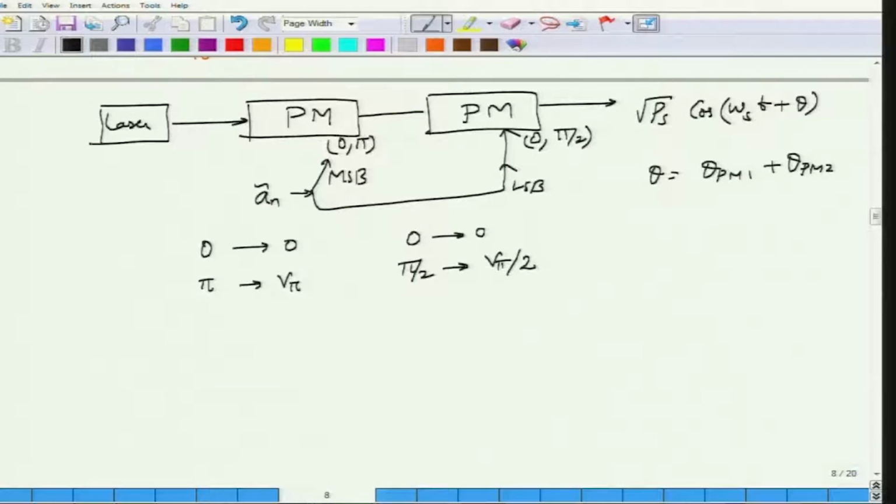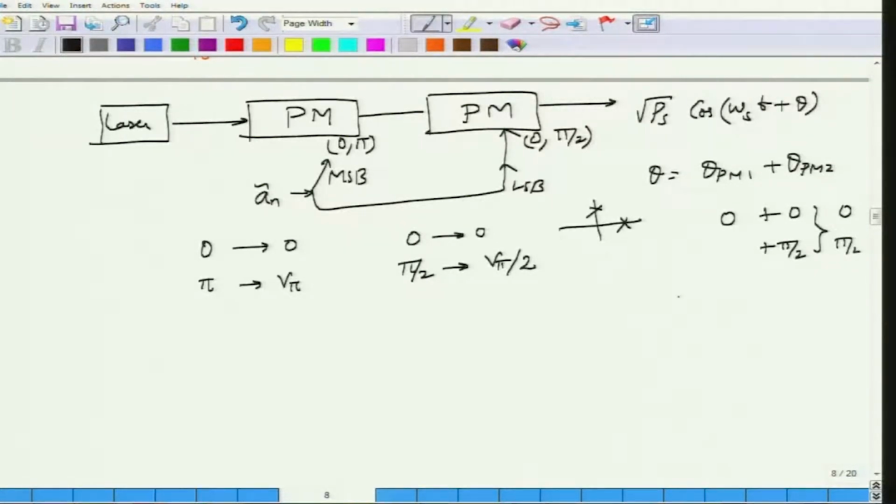What possible combinations can I have for this? Well, if the MSB bit is 0, then the first phase modulator produces 0, and the second one produces 0 or pi by 2. So this gives a total phase of 0 or pi by 2, giving rise to two constellation points.